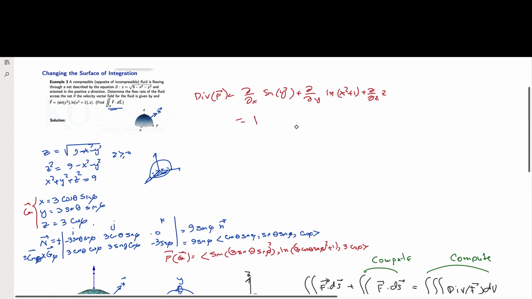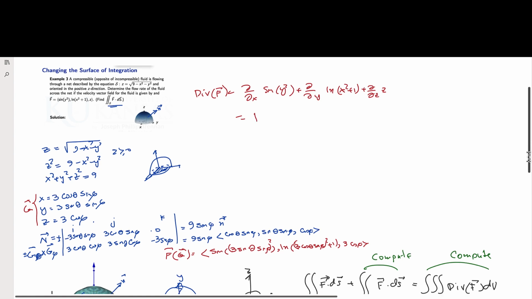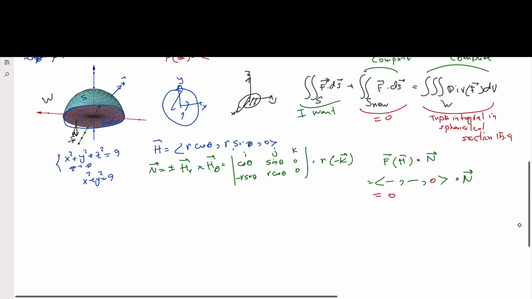So the divergence of f is 1, and let's do the triple integral now. The integrand is 1. I want to do spherical, so what I'm not supposed to forget is rho squared sine of phi, which is the Jacobian, and then d rho, d phi, d theta.